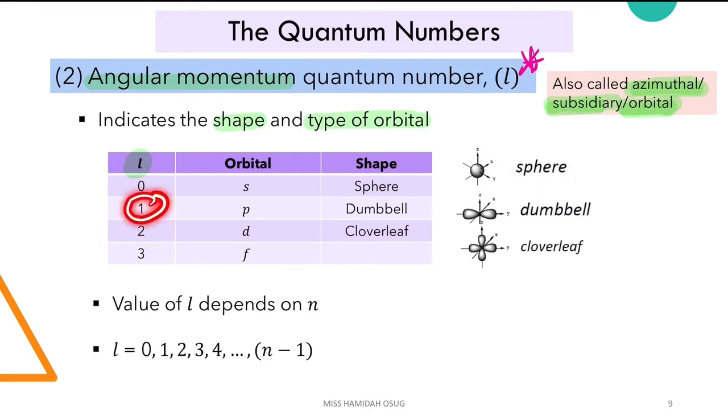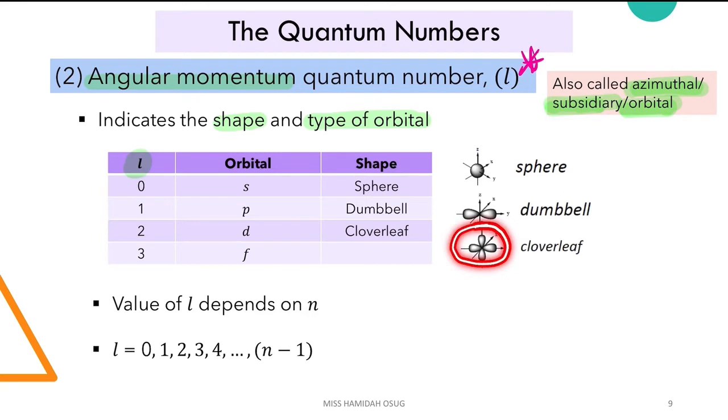Next, when l equals 1, it belongs to the p orbital, and the shape of the p orbital is a dumbbell. When l equals 2, it belongs to the d orbital, and the shape of the d orbital is a clover leaf.